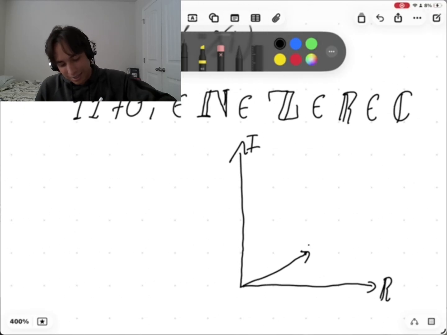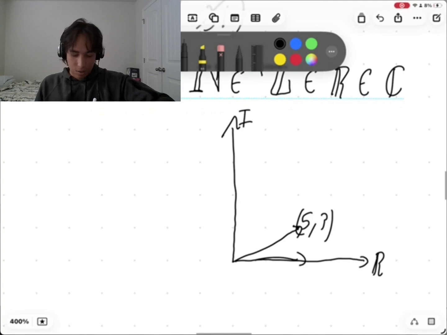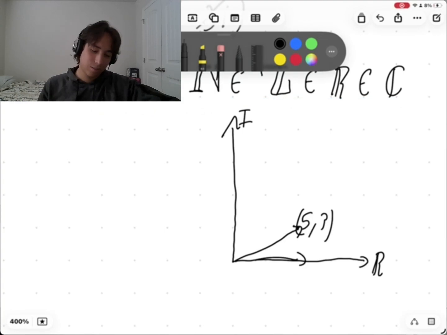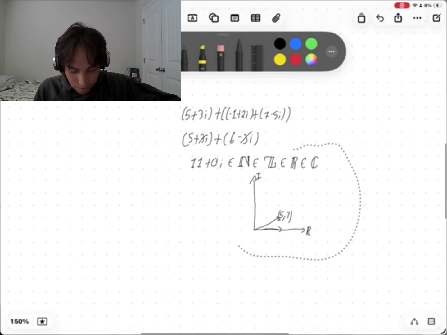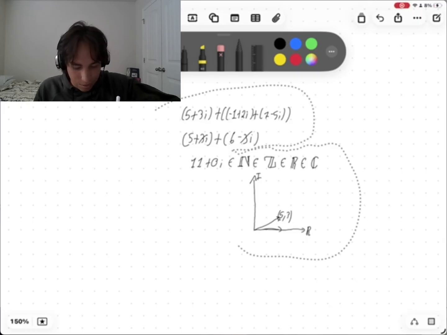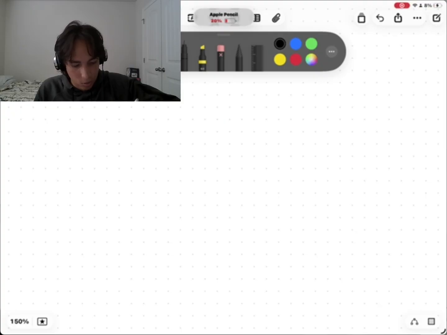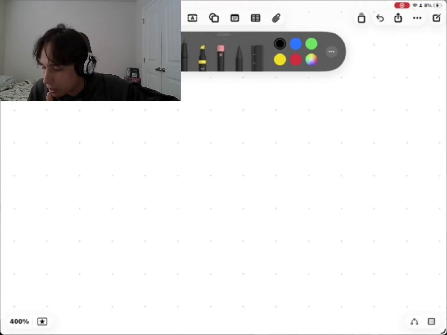This can be regarded as 5 over 3, but if the imaginary part is 0, then it's just a flat line. That's still a vector. I don't know what's happening to me. Everything's going wrong today. But anyway, next question.